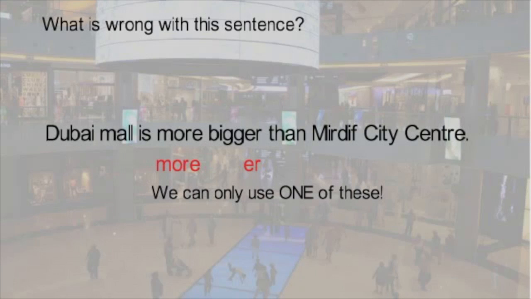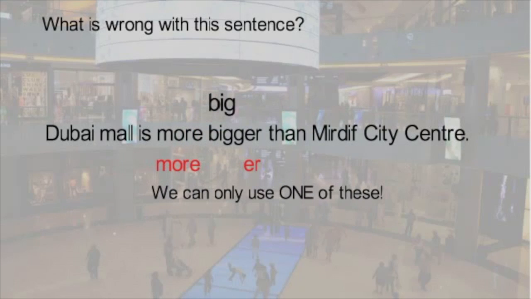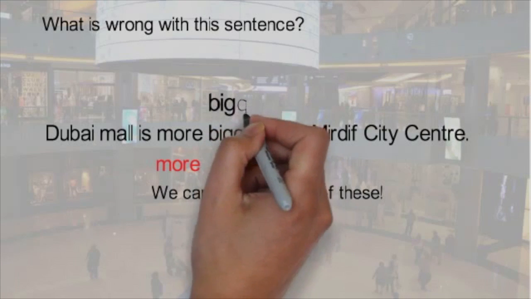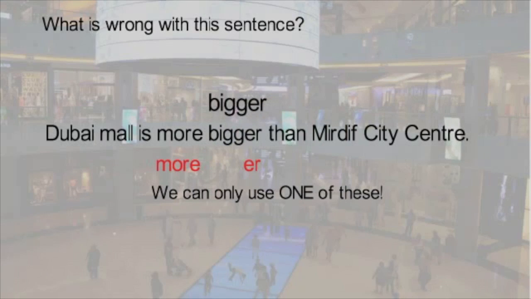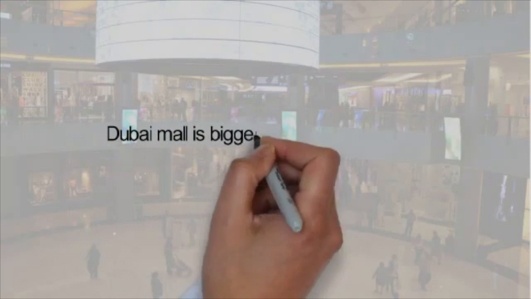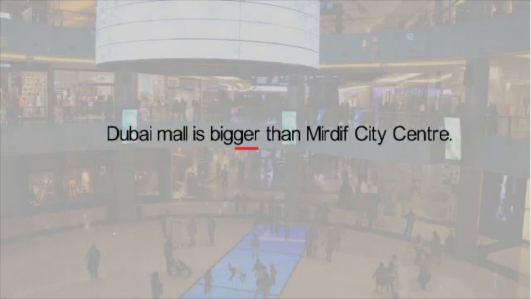That's right. We can't say more bigger than. Big is a short word that ends with a vowel and a consonant. So remember the rule? We double the consonant G and add ER. Dubai Mall is bigger than Murdiff City Centre.